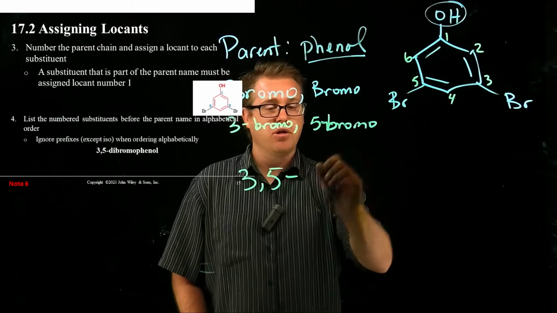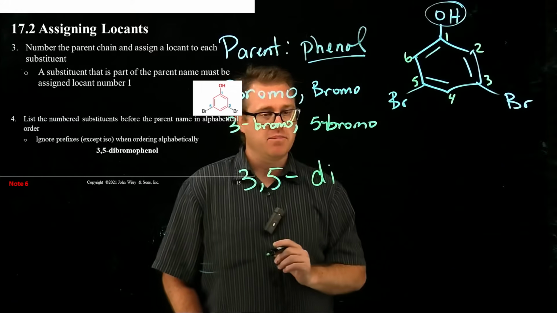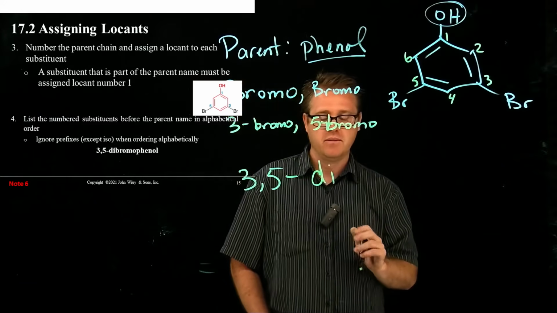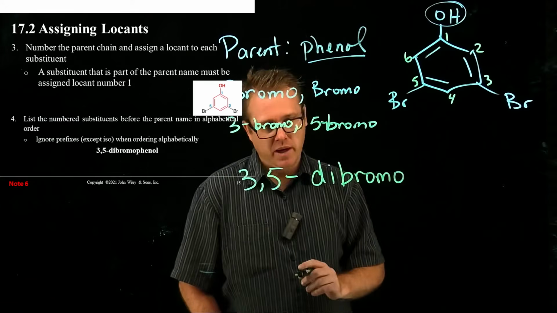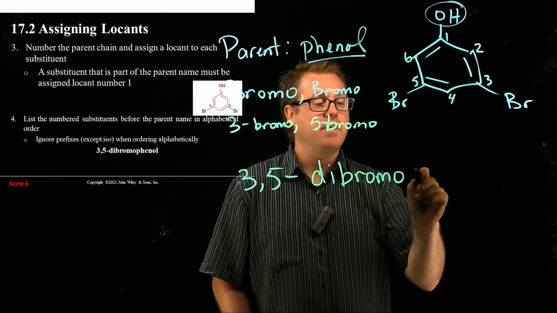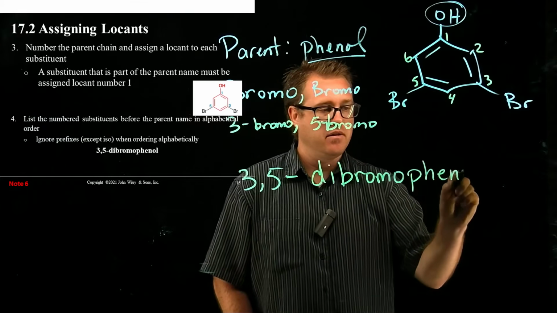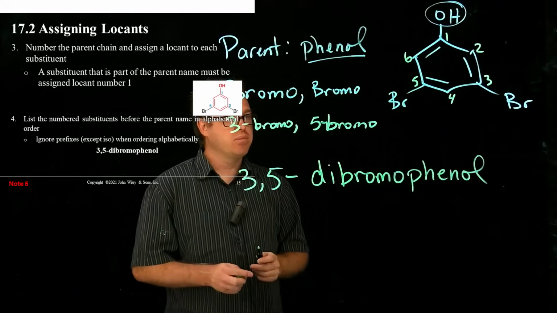And there's 2 bromines, so we use the prefix di to represent that. The substituents are bromines, so dibromo. And then we add the parent name. So this compound is called 3,5-dibromophenol.